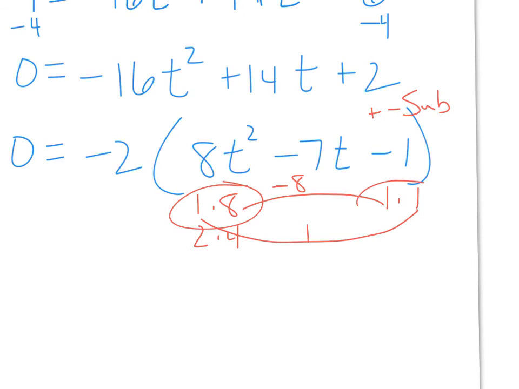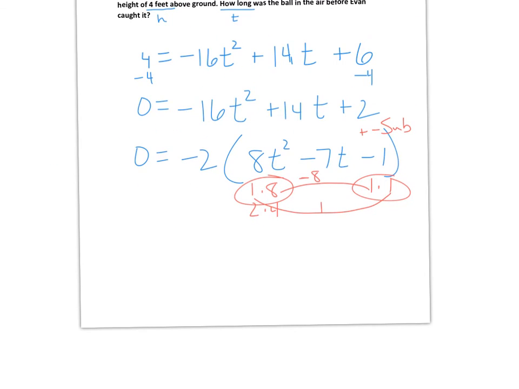So I have a 1, 8, 1, 1 combo here. So 0 equals negative 2, 1t, 8t, and I have a 1 and a 1. And then I want your outsides to be a positive. So this is going to be a plus, and this is going to be your negative.